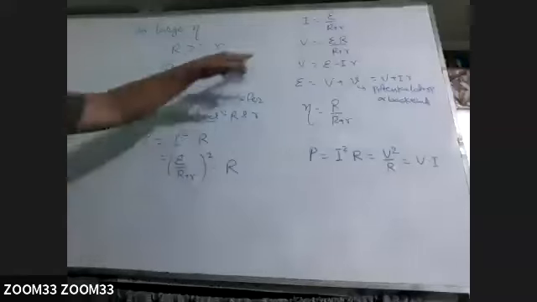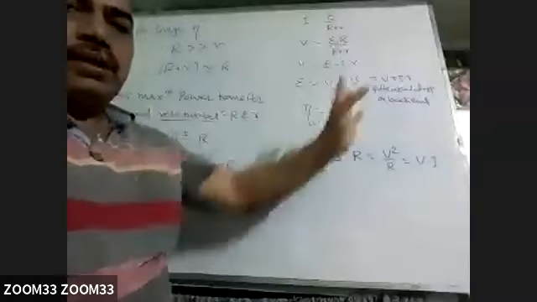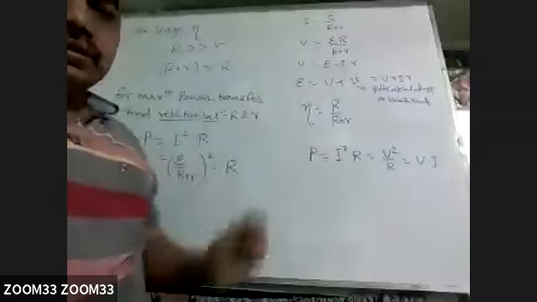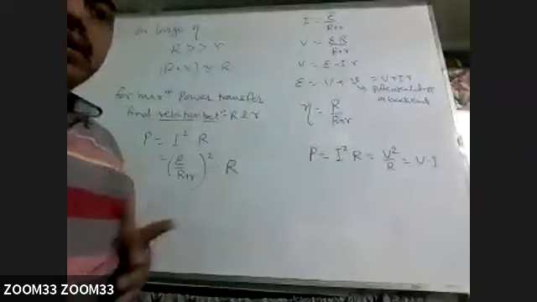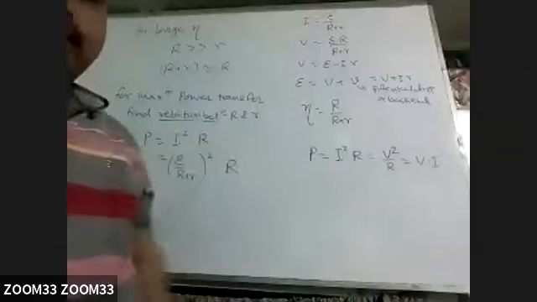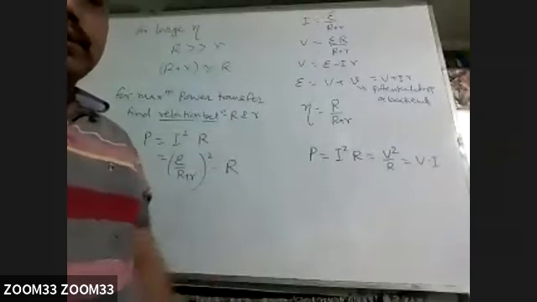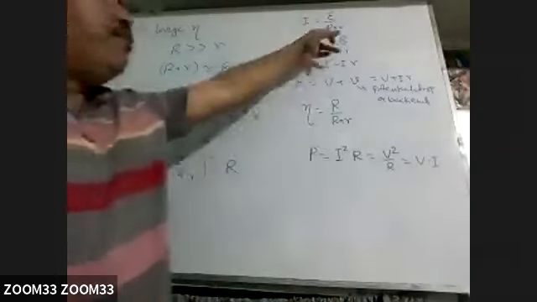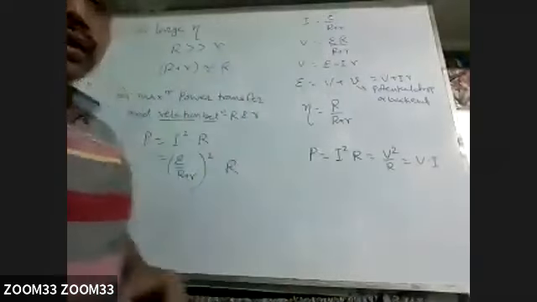So here, whatever R we have taken, this capital R, that is external resistance. If only one external resistance is connected, then that is the value. If the circuit has got so many resistances, then that will be the equivalent external resistance.